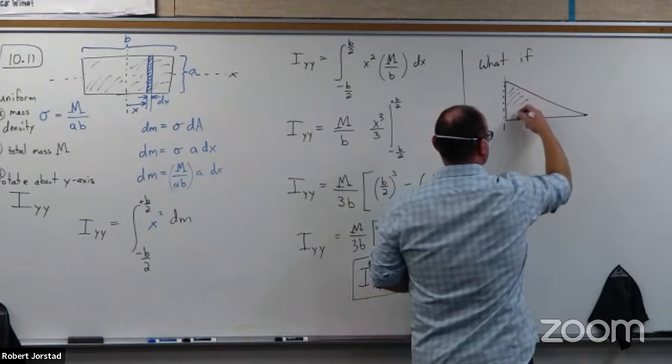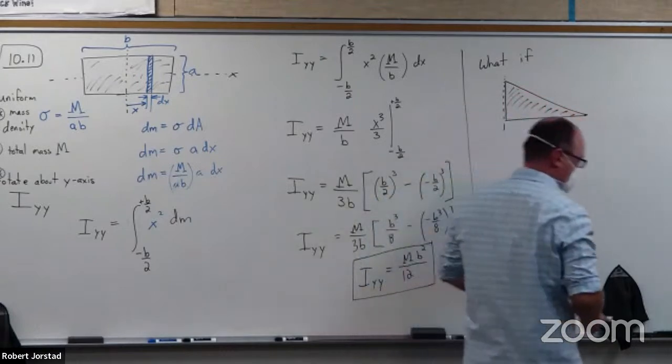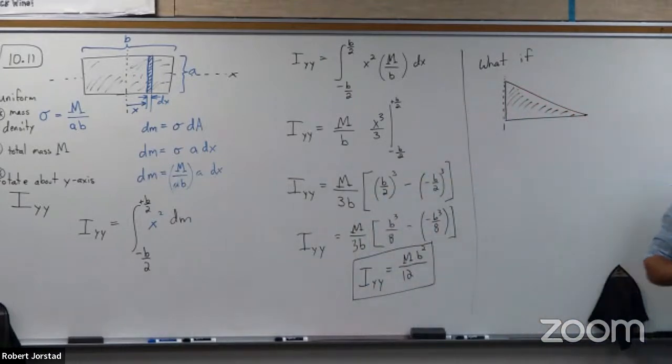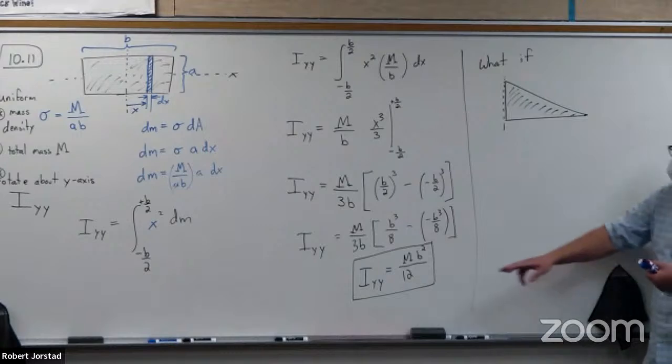What if we had this triangle here? If we used this triangle, do you think the moment of inertia would be half, more than half, or less than half of this value?